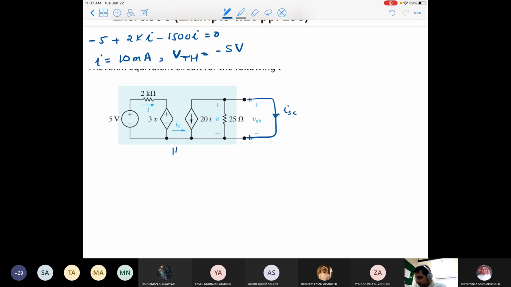In this case, if the voltage across the short circuit is 0, remember we have a dependent source here. The dependent source depends on the voltage. So if we have a dependent voltage source with a voltage of 0, it acts like a short circuit. So this complicated circuit is replaced with the following.